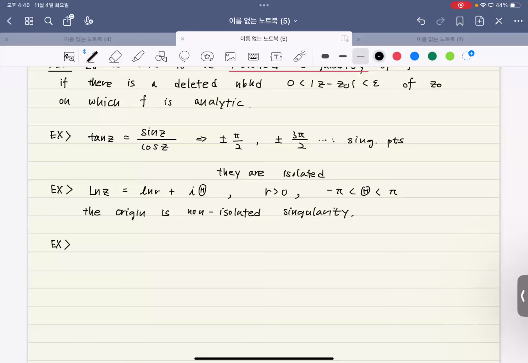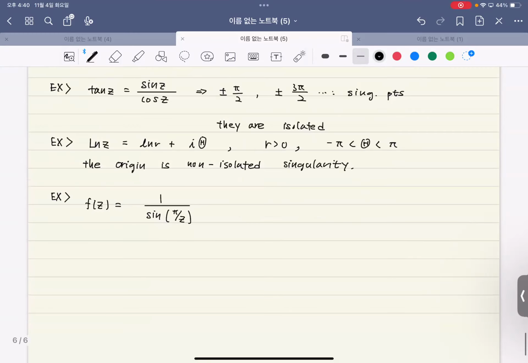Finally, I was trying to come up with some pathological example: 1 over sine of pi over z. So what are the singularities of this function? Clearly this function fails to be analytic at the origin, so the origin is a singular point of this function.